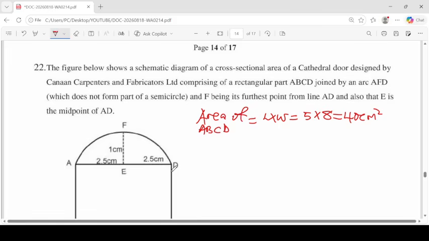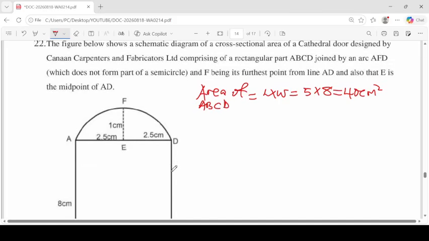After this, we are also going to calculate the area of this semicircular part. But with this semicircular part, we literally need to be very, very keen. So first, we are going to calculate the radius of the semicircle forming the arc AFD. We need to get the radius here, and we need to be very, very categorical. Let me explain how we are going to get this.